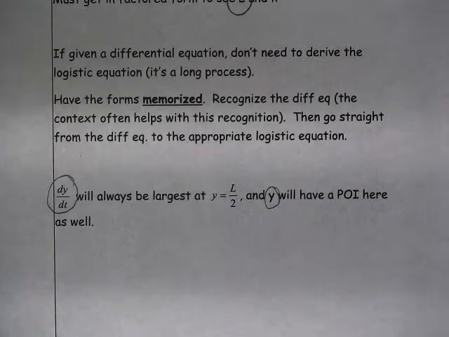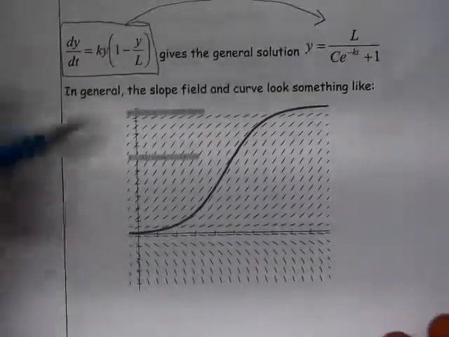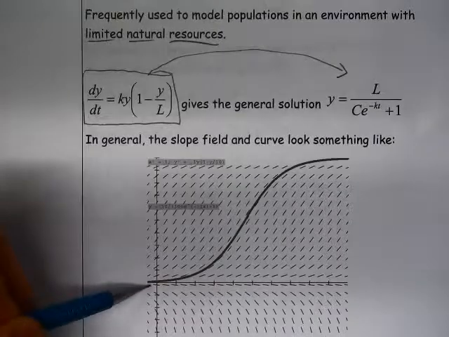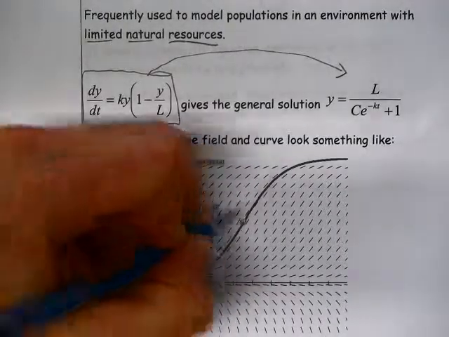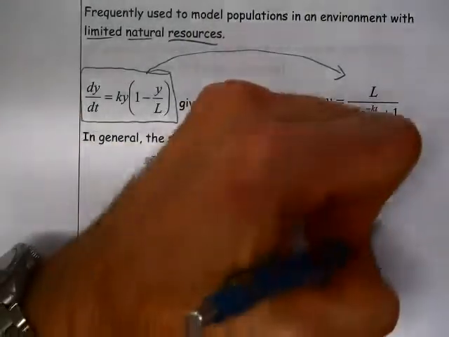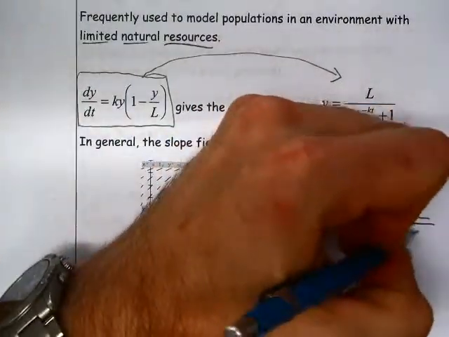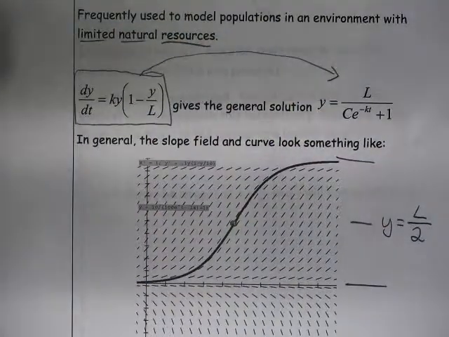And just to show you visually, if you take a look back at the first page of our logistic equation, you can see that the differential equation takes this form, and you can see that we have a point of inflection somewhere right in there, right, when our population is equal to half the carrying capacity.